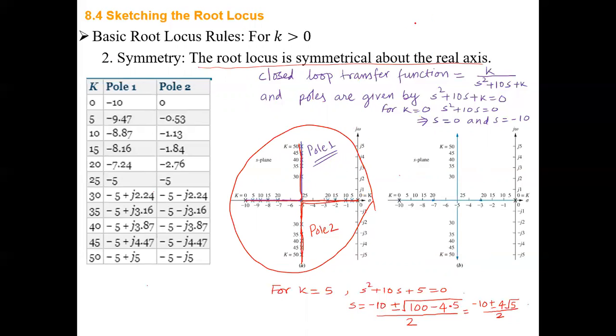What is symmetrical about the real axis? Is this guy symmetrical about the real axis? Okay, so this is symmetrical about the real axis, and this is symmetrical about the imaginary axis.